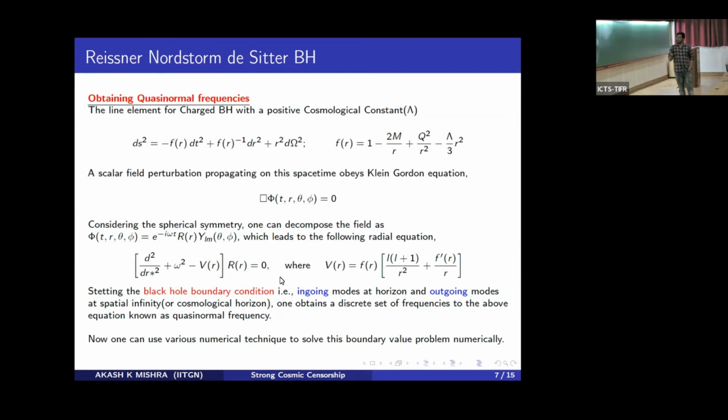That will give you a discrete set of frequencies, which we call quasi-normal frequencies. Of course, you have to check that these solutions are stable, which will be detected by the sign of the imaginary part of the quasi-normal frequency. There are various numerical techniques we can use to solve this equation. This is just a boundary value problem.